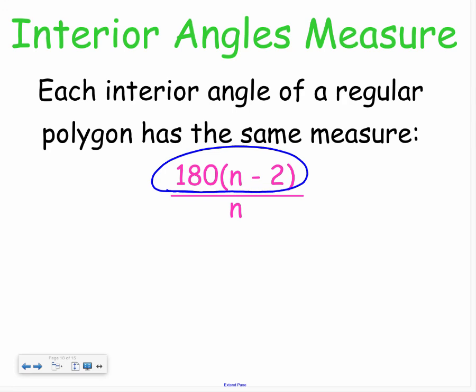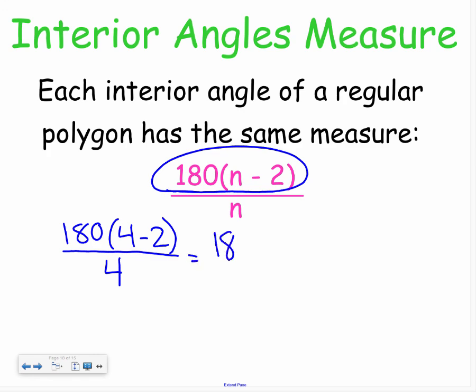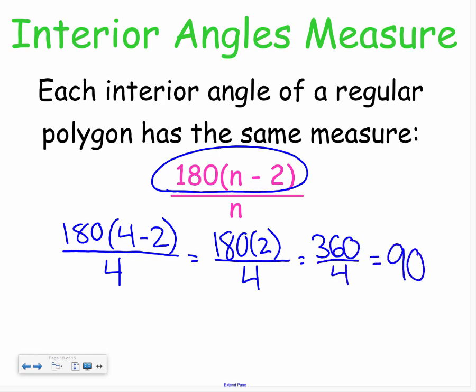So for example, in a quadrilateral, we have 180 times 4 minus 2 divided by 4. Meaning I have 180 times 2 divided by the 4 angles. 360 degrees divided by 4 angles means the angle of a regular quadrilateral has to be 90 degrees. We know that in a square, each angle is 90 degrees. That is why this formula works.